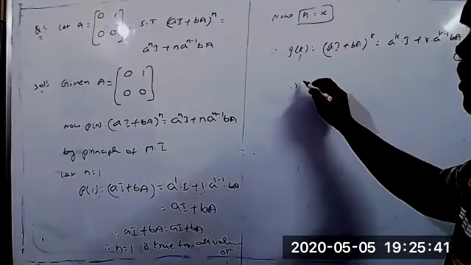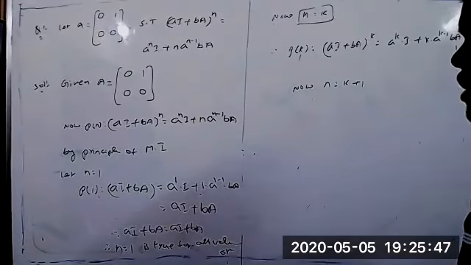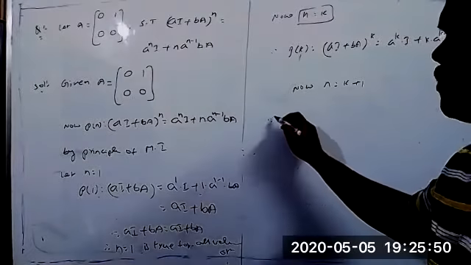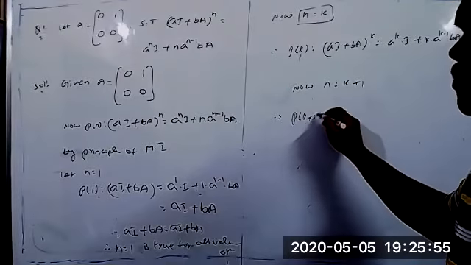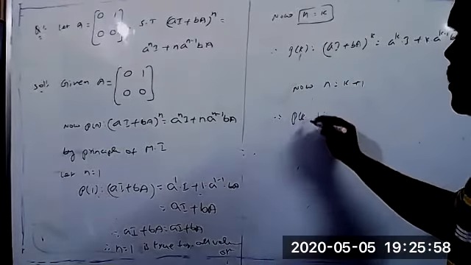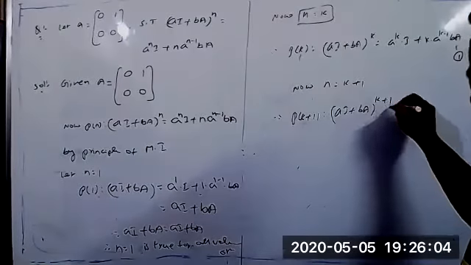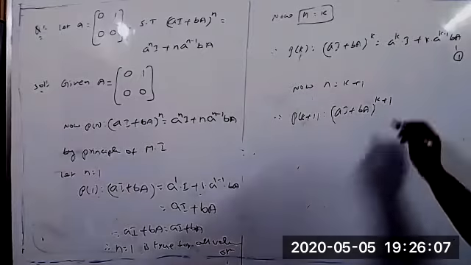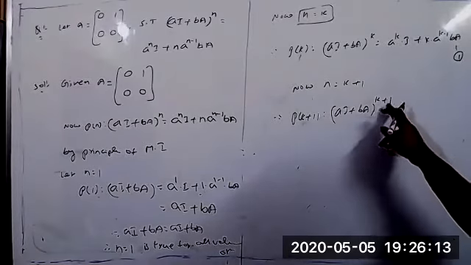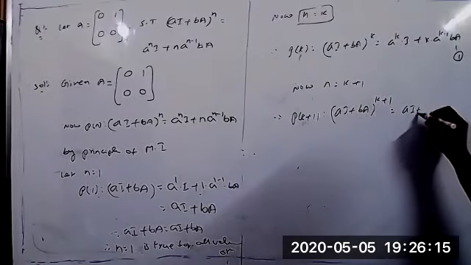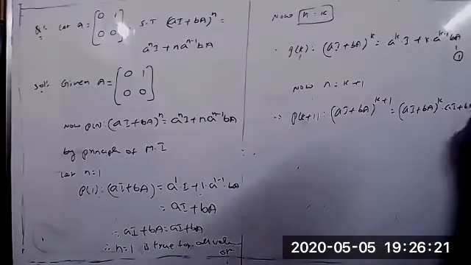So now take n equal to k plus 1 and substitute it. This is P of k plus 1: (aI + bA) whole power k plus 1 equal to, using a power m plus n equals a power m into a power n, (aI + bA) whole power k into (aI + bA).